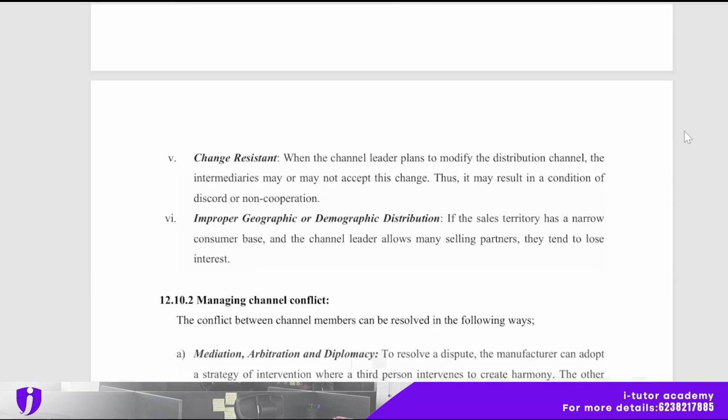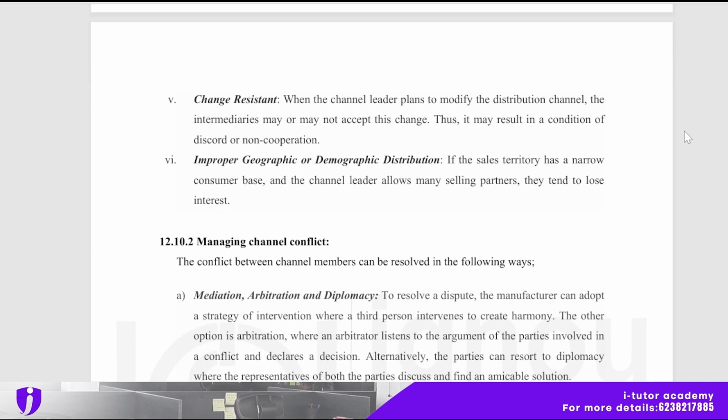And change resistance: when the channel leader plans to modify the distribution channel, the intermediaries may or may not accept this channel change. This may result in a condition of discord or non-cooperation. Improper geographic or demographic distribution: if the sales territory has a narrow consumer base and the channel leader allows many selling partners, they tend to lose interest.